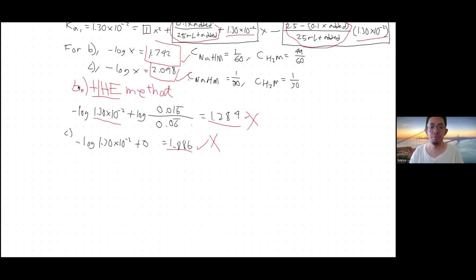Actually, why not? Sige. So, E. So I just want to see the hydronium ion concentrations for letter B and C. Halos magkaparehas po sila. Kaya lalagay ko na rin po siya.